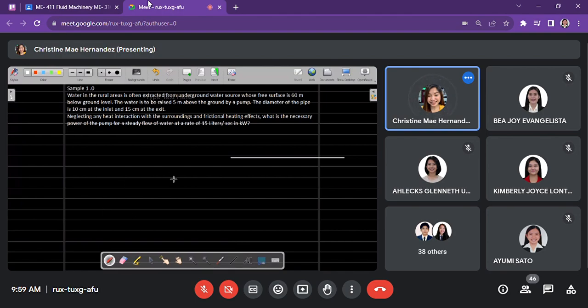Yan. So ito yung ating sinasabi na 60 meters below the ground level. So ito, for example, ang ating ground level. So gagawa tayo ng pump.